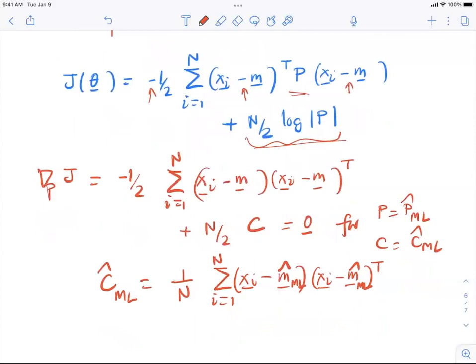And that's the end of the derivation of the maximum likelihood estimates of the parameters of a Gaussian, and these of course are the building blocks for using the EM algorithm for estimating the parameters of a Gaussian mixture.